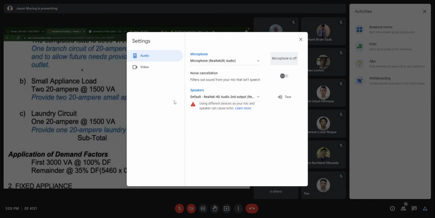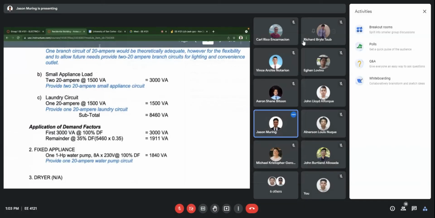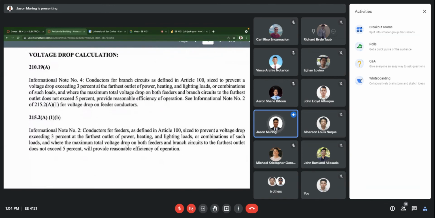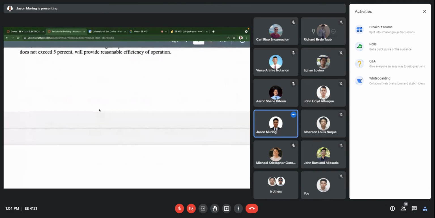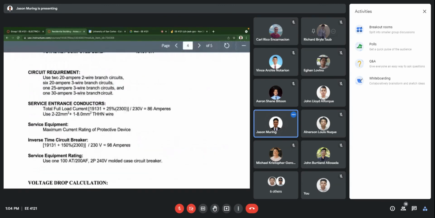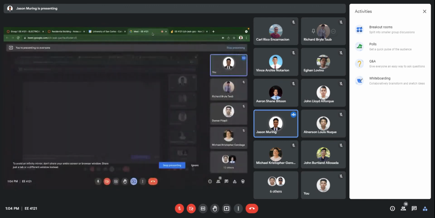For the next part, we are going to calculate also the fault calculation for our design. I'll just add it here. For now, this is the basis. And I'm going to give you an assignment later on.